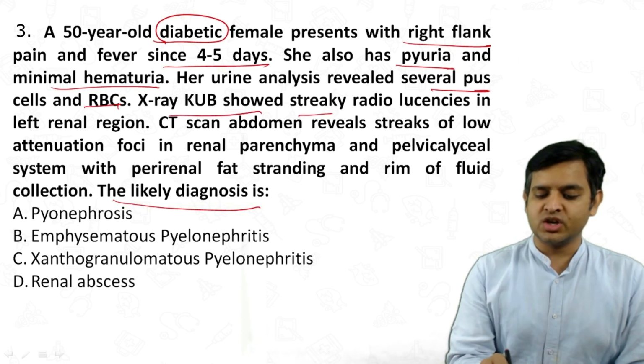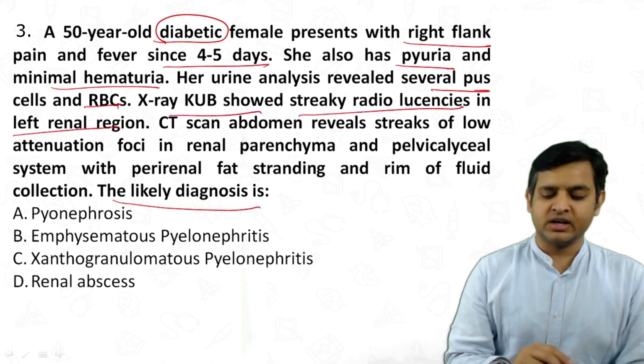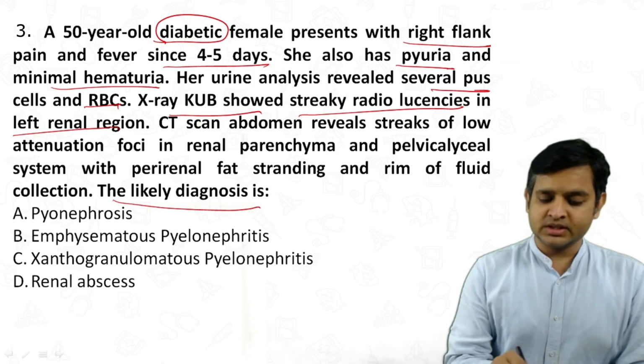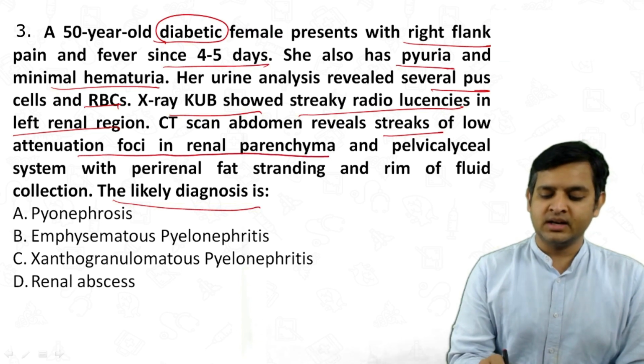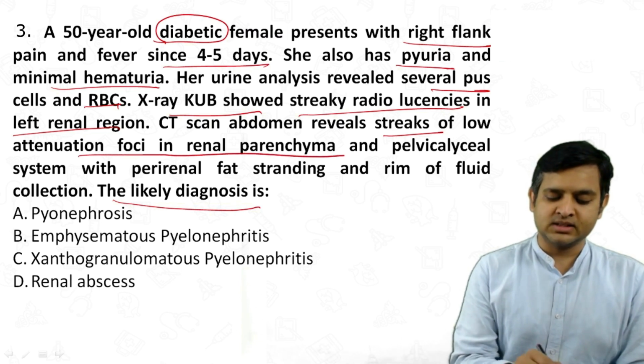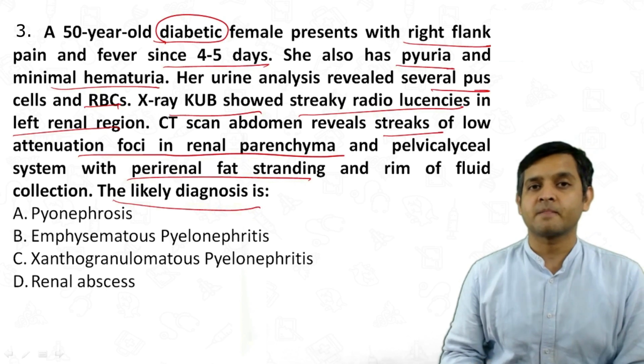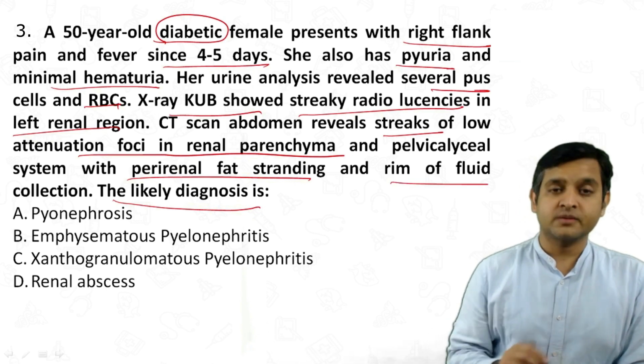X-ray KUB reveals streaky radiolucencies in the left renal region. CT scan of the abdomen reveals streaks of low attenuation foci in the renal parenchyma and pelvicalyceal system with perirenal fat stranding and a rim of fluid collection.